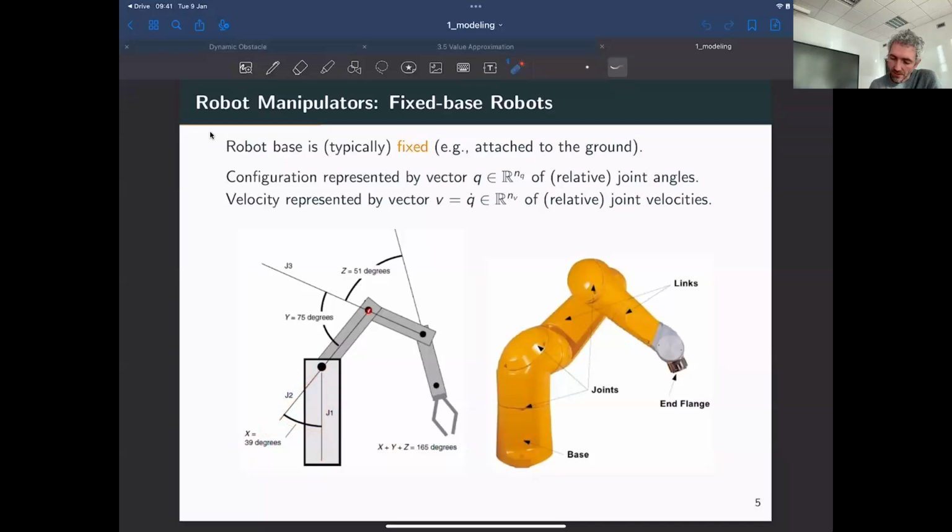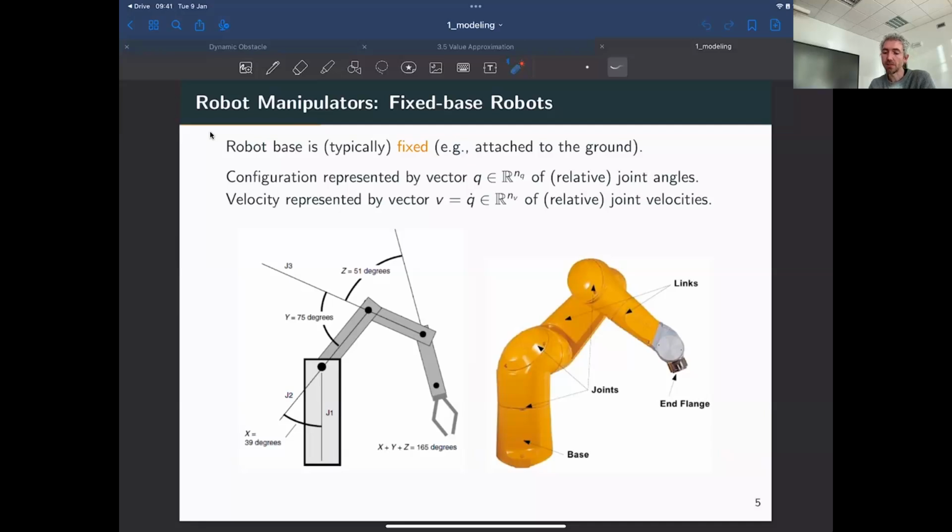And then we have the second joint, which measures this angle, and the third joint, which measures this angle here. So if you collect all the joint angles in a vector, you get the configuration vector, which we are going to call Q, which contains all the relative joint angles.